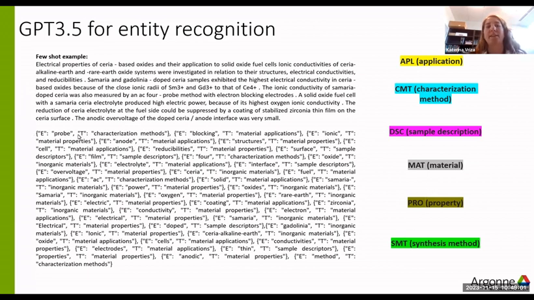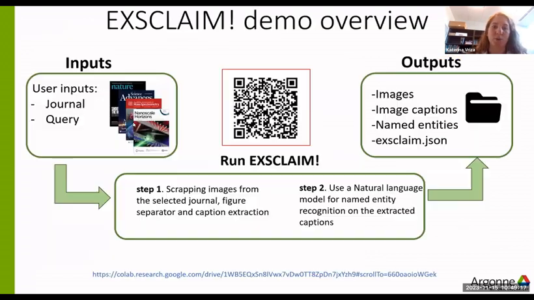So entity and tag. I just give one example to ChatGPT, and then given any of our captions, we are able to extract all these entities. And actually, I'll go through live examples running the code. I just wanted to give an overview of what we're going to see when running the code.